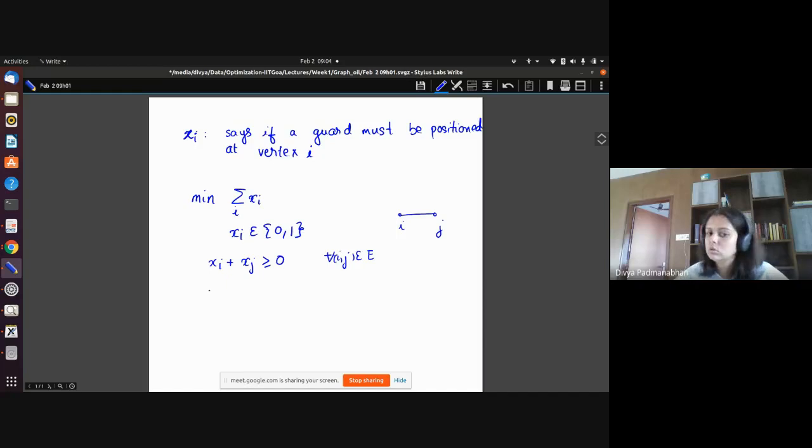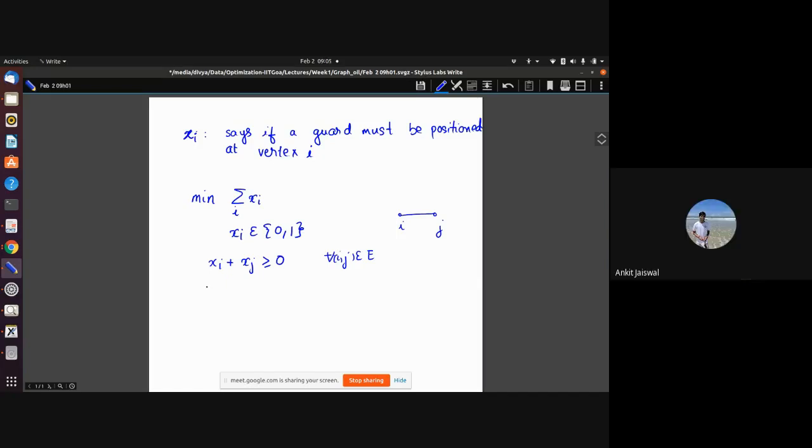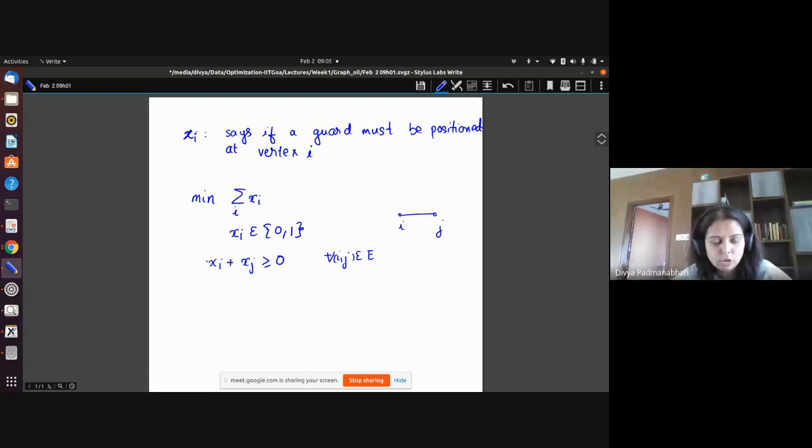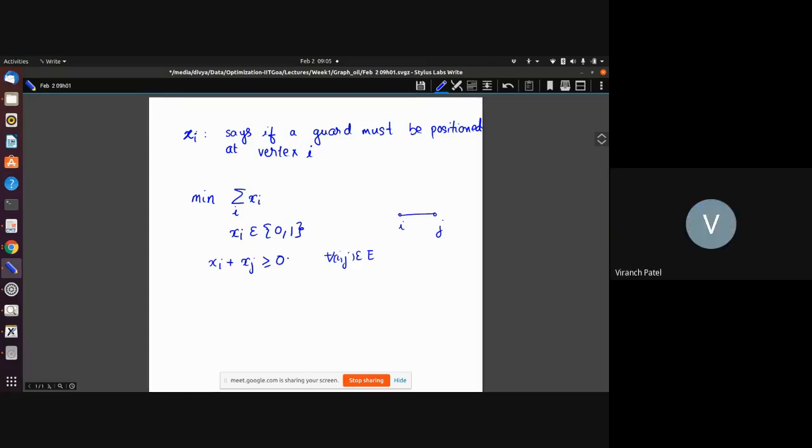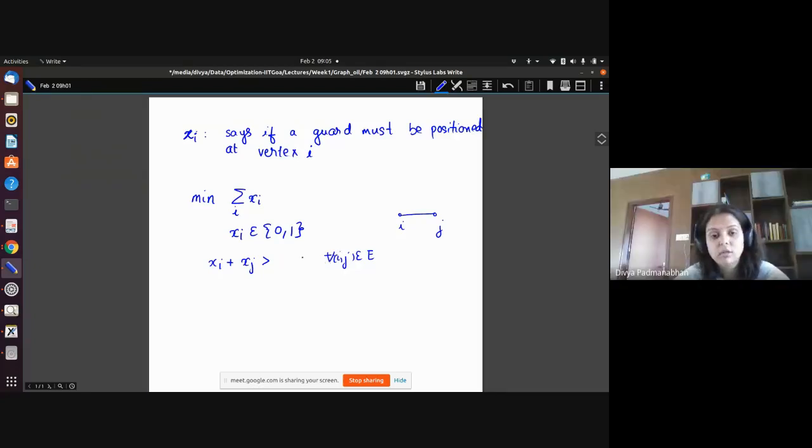Okay, so for all ij that belongs to the edge set, xi plus xj is greater than or equal to 0? Greater than 0, not greater than or equal to. Okay, good.